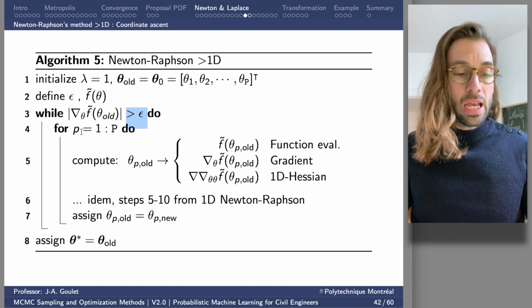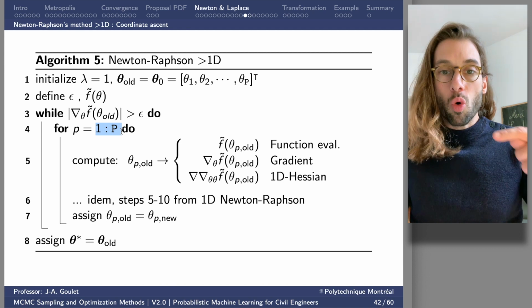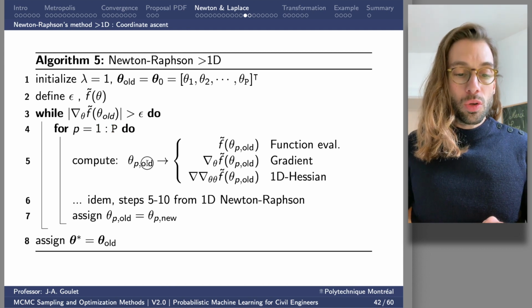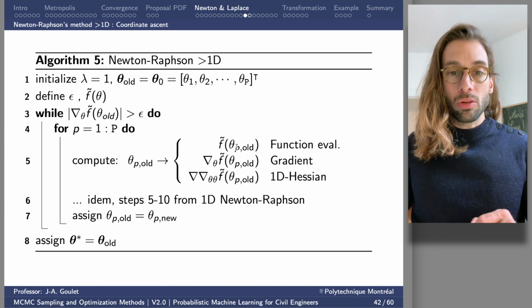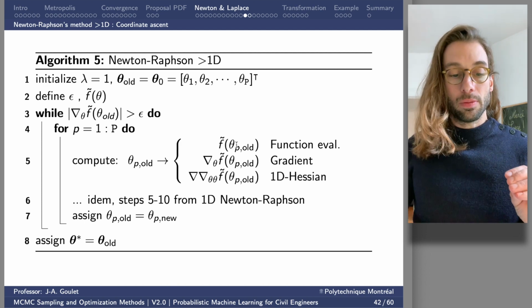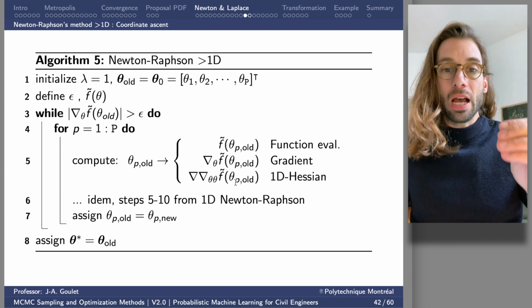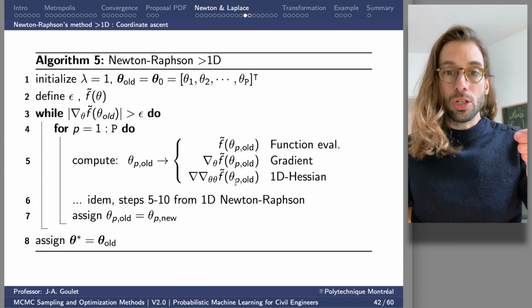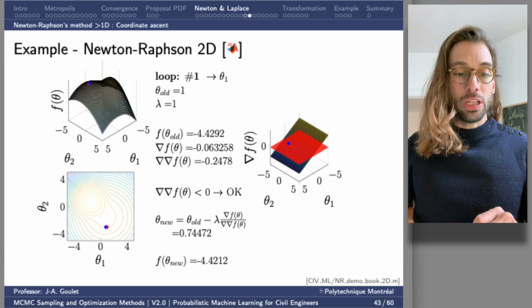For each parameter from 1 to p, I'm going to do each dimension separately. Using the current value of my parameter, I'm going to calculate the function evaluation, its gradient, and its Hessian, okay? Then I'm going to simply optimize that dimension. Then I'm going to cycle to the next dimension, optimize that dimension, and I'm going to go like this in a loop over each of the dimensions.